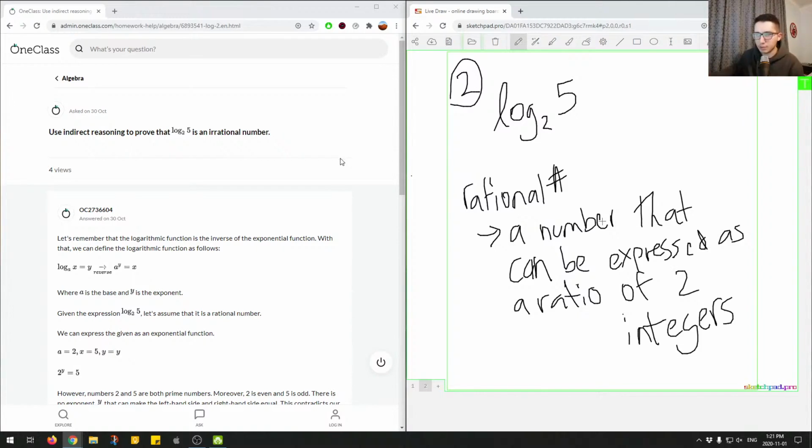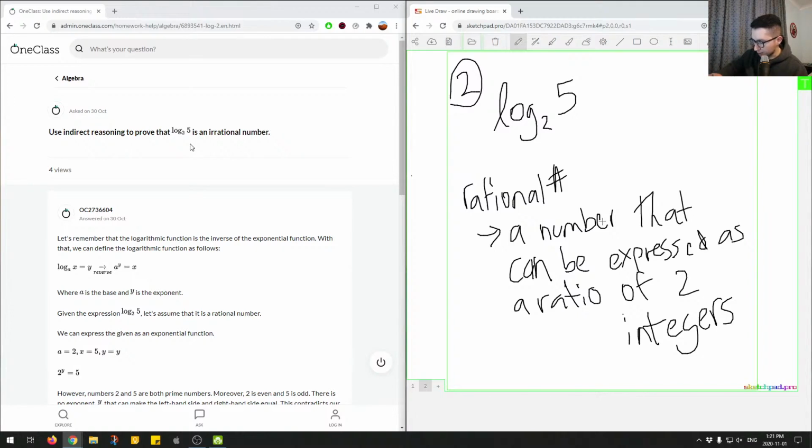So this is the full definition of what a rational number is. Essentially we're trying to figure out, based on our reasoning, is it a rational number or an irrational number? Here they're indicating that it's irrational. We just have to explain why that's the case.